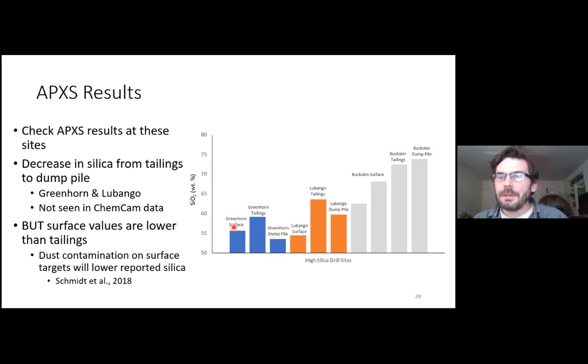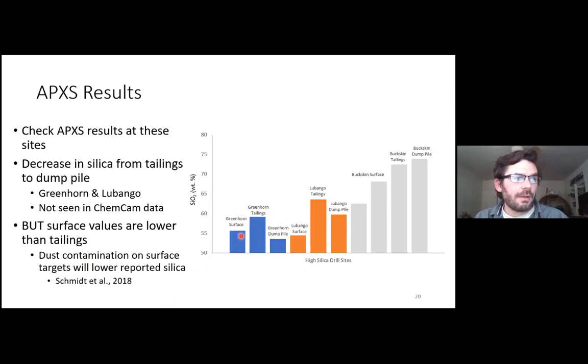The other thing too is APXS has been on rovers from Sojourner through Curiosity, including the Spirit and Opportunity rovers. So it provides an ability to check with previous locations on Mars. So we went and looked, and the exciting thing is they see a decrease in silica from the tailings to the dump pile of both Greenhorn and Lubango.